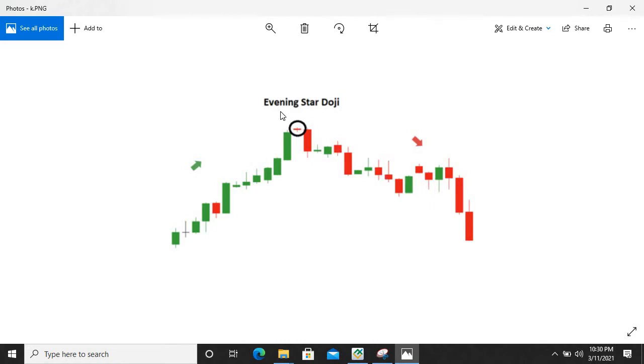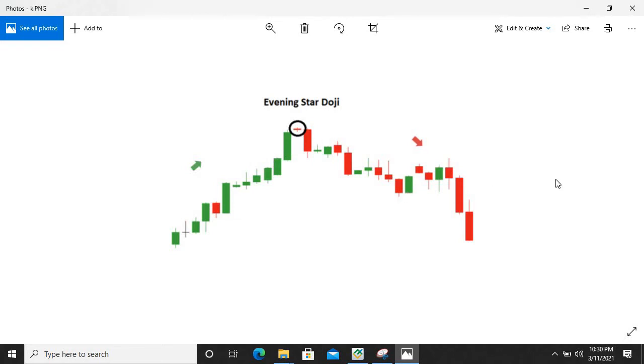You see the reason why the market can fall. Any market falls because of some reason. So when you see this kind of evening star doji, two big candlesticks plus a small candlestick in the middle, you have to expect to sell, not buy.